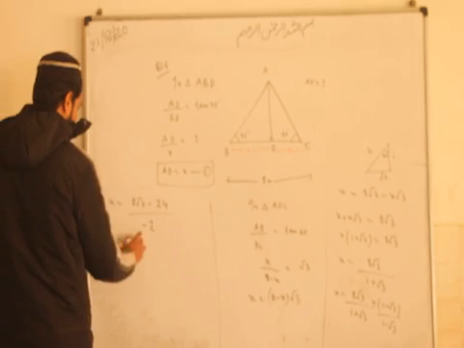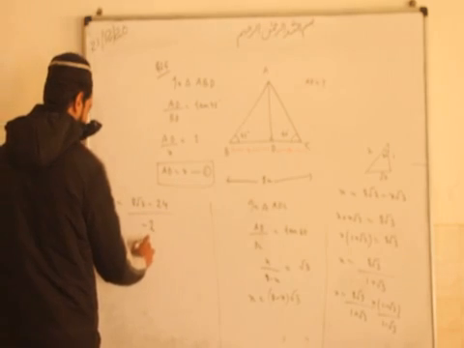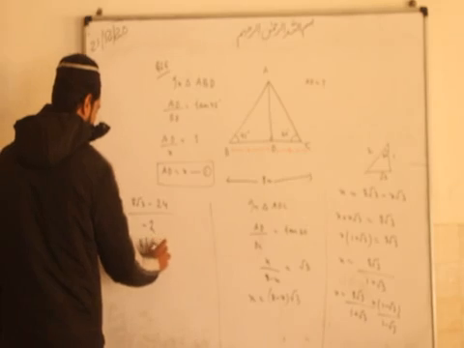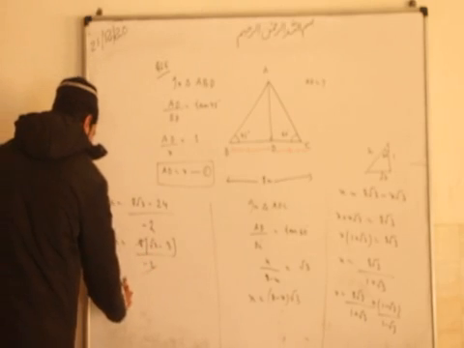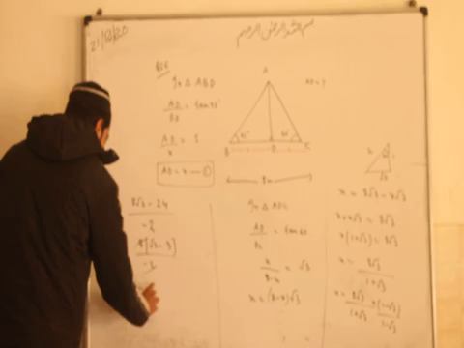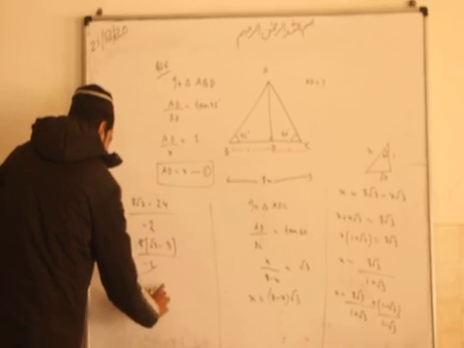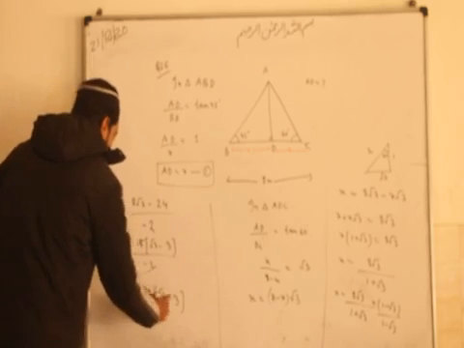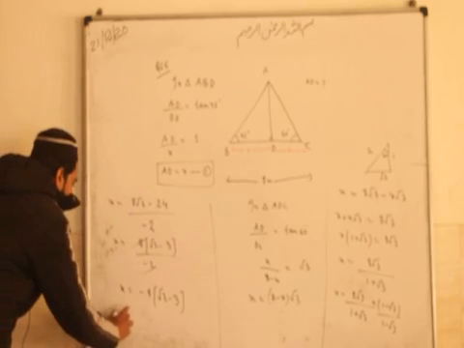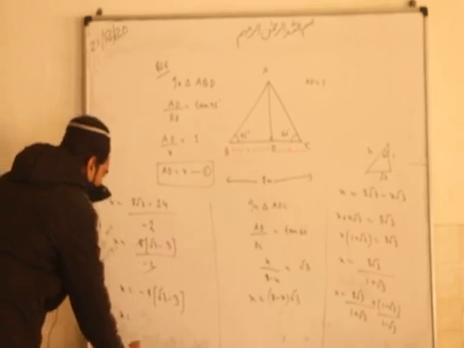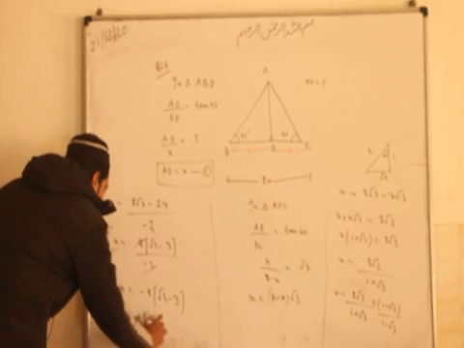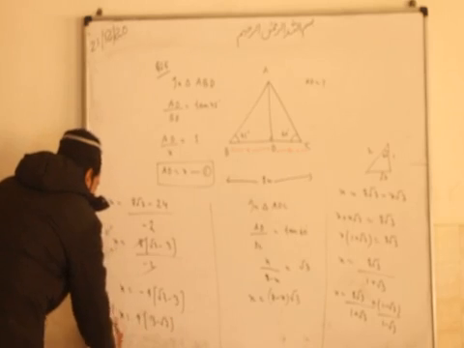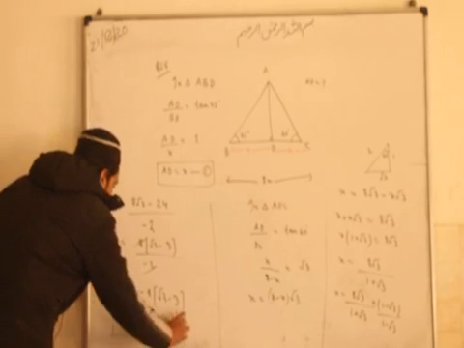We can take 8 common here, so it will be root 3 minus 3 divided by minus 2. So it will cancel out. x equals minus 4 into root 3 minus 3, or we can write in positive value, x equals 4 into 3 minus root 3. So this is the final answer.